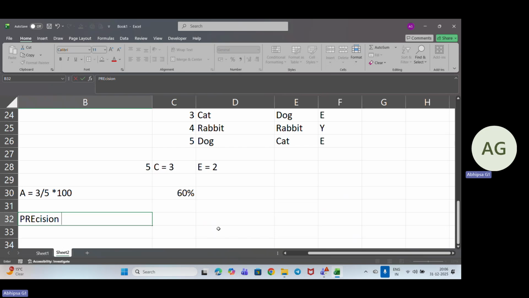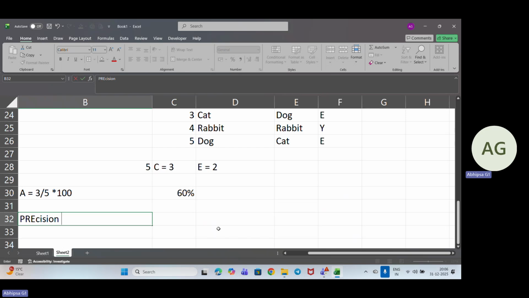Imagine a model is helping you pick the chocolate from a big box of candy. The box actually has chocolate and other candies. You specifically want the chocolates, not the other candies. So the model says, suppose, I found the chocolate here. That is the output that the model is giving. So the question is, out of all of the chocolates it picked, how many were really chocolate? That's the precision.